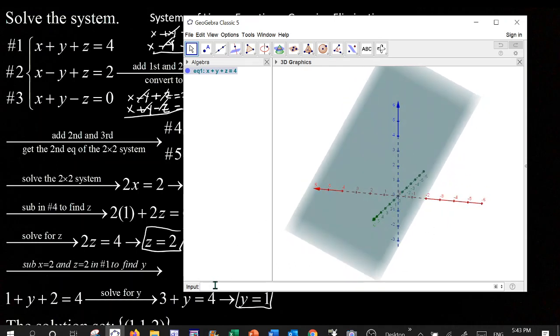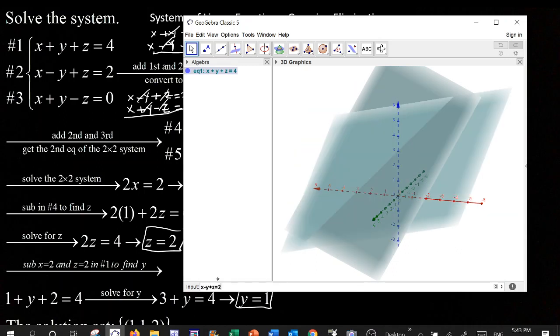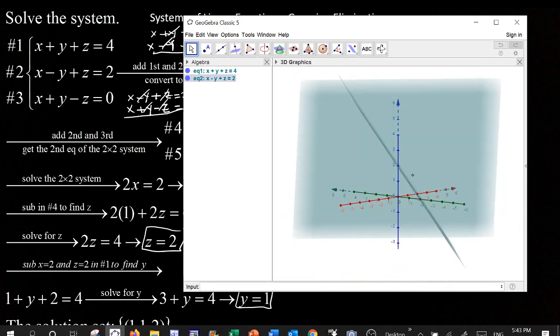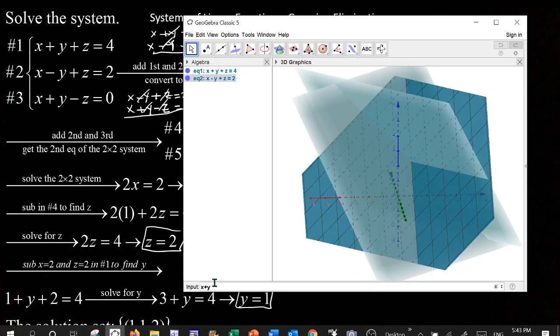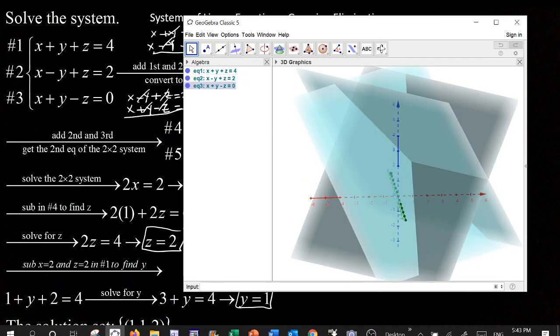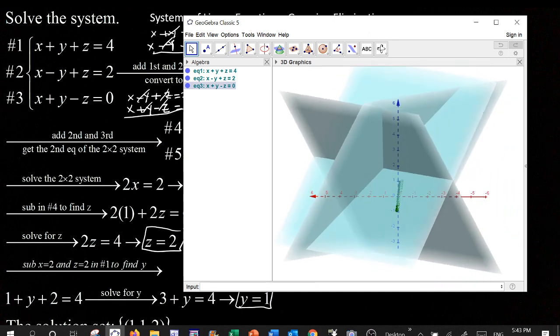Now, the second equation gives you another plane. So x minus y plus z equals 2. There is another plane right there. See that? They intersect at that line right there. See that line? Okay, and the third is x plus y minus z equals 0. And that is another plane. Now these planes intersect.